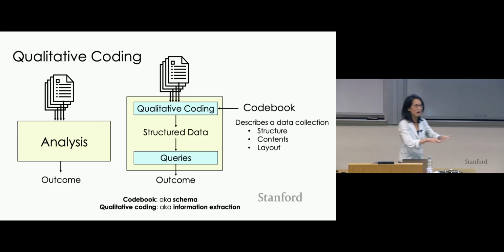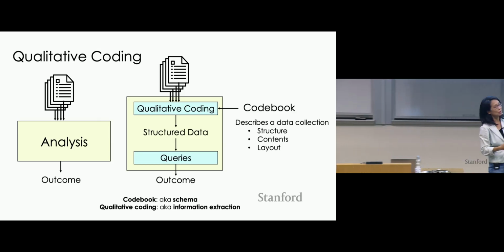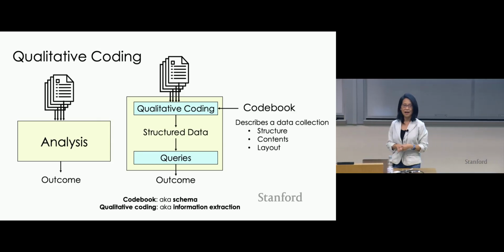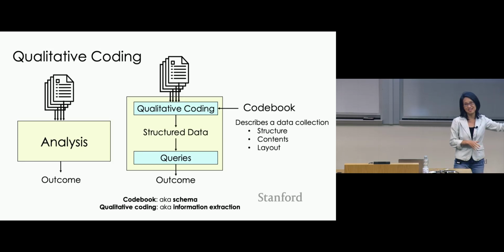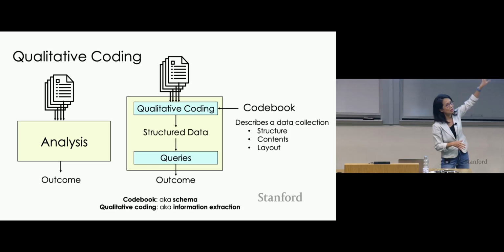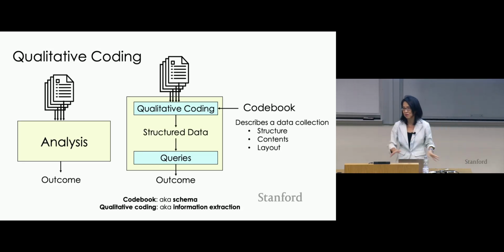Not programming, but qualitative coding according to this code book. Sometimes we also use the word schema to refer to the code book; it's just the schema of a database. Qualitative coding has also been referred to as information extraction in the CS literature, but qualitative coding is a more general term that is used outside of computer science.